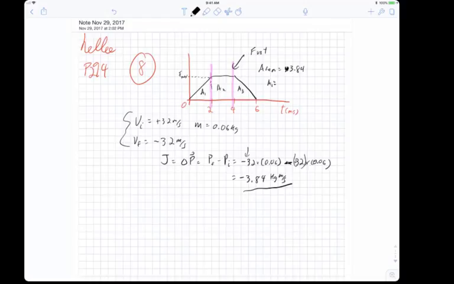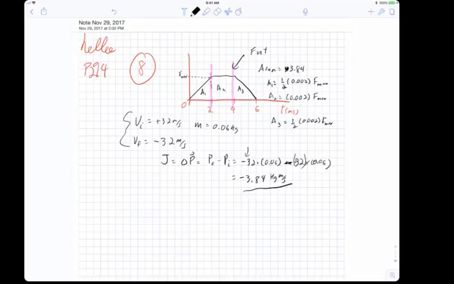So it's going to be 1/2 the base, which is 2 milliseconds, 0.002 seconds, times the height. Area 2 is a rectangle, so it's the width, which is 2 milliseconds, times the height. A3 is another triangle, so it's 1/2 the width times the height.